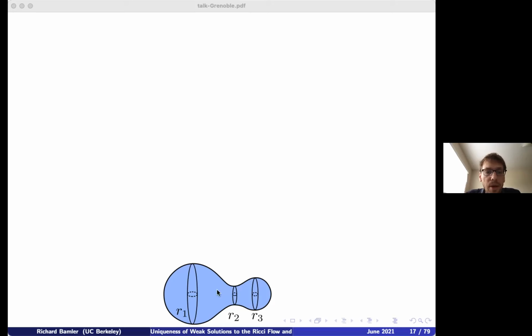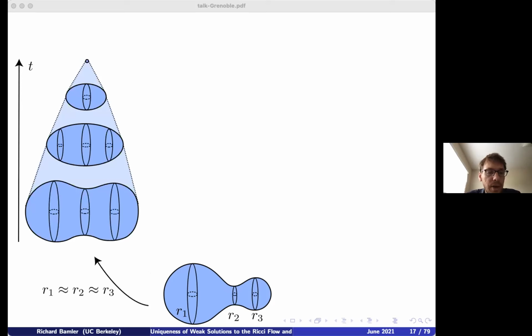What people have found is that in this example, the Ricci flow will always incur a singularity in finite time. But the main difference to dimension 2 is that the type of singularity that we see depends on how we choose the radii R1, R2, and R3. For example, if we choose the radii comparable to one another, then the neck is relatively thick, and the negative curvature coming from the concavity of the warping function will cause the neck to widen up until it dissolves, and the manifold will become more and more round and shrink at the same time, and then develop a singularity.